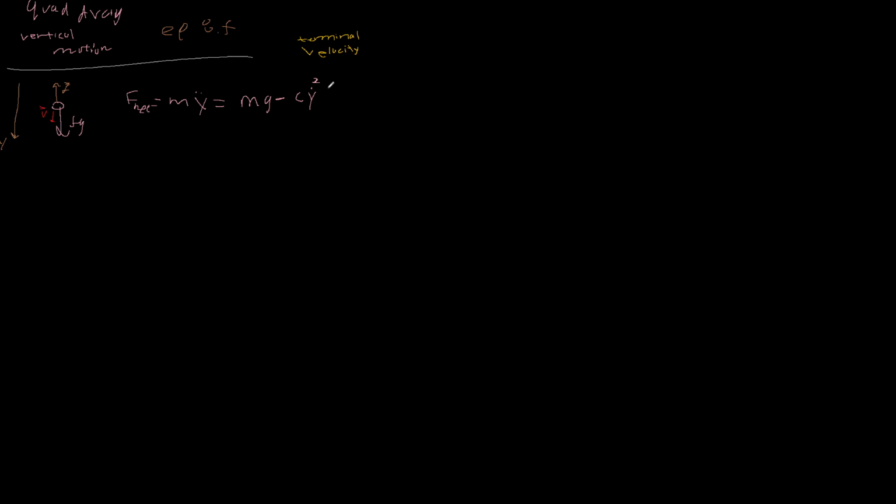And so let's figure out what that is. So that's when these two are equal. mg equals c vt squared. You know, we move stuff around. We find vt is equal to the square root of mg over c.